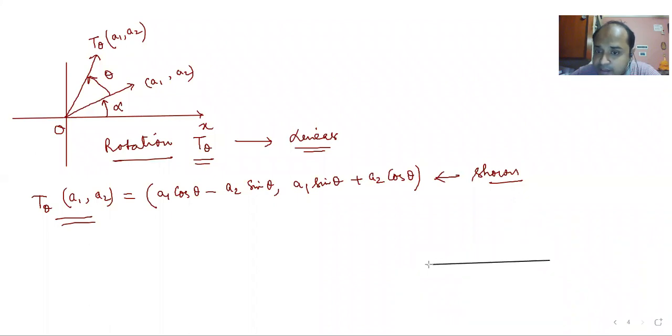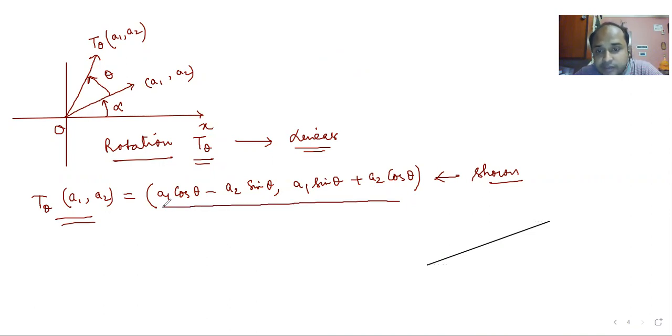This movement is happening because the rotation transformation is defined, the transformation which is shown over here. Whenever in Microsoft Excel or in this whiteboard I am able to move this cursor in the following manner, it is because behind the screen, a computer algorithm for this transformation has been written.